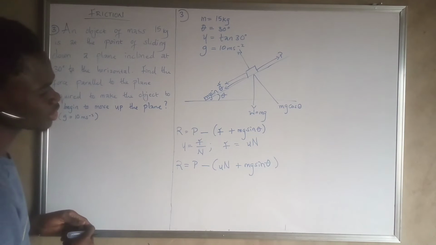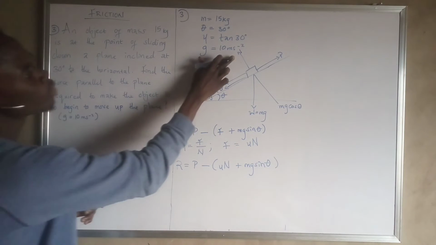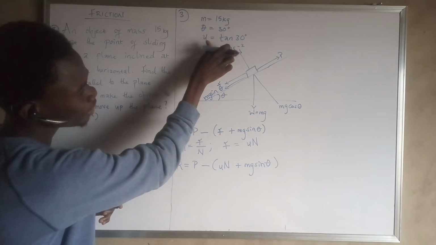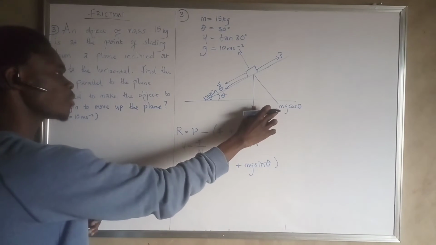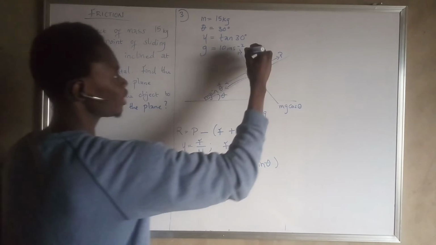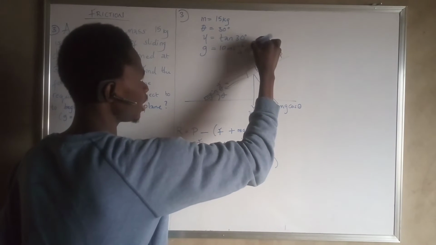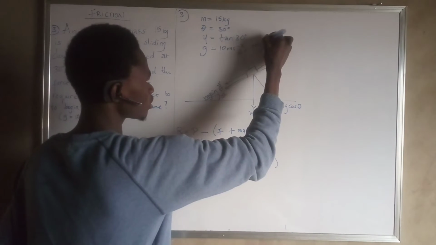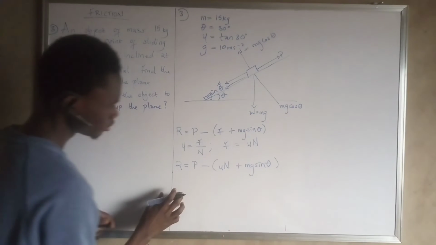So U times normal reaction. In this case, the normal reaction is parallel to this component here. So we say the value of our normal reaction is mg cos theta.